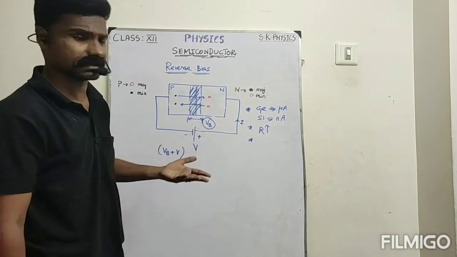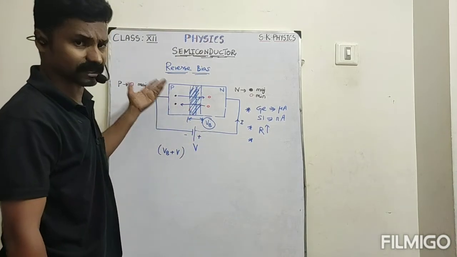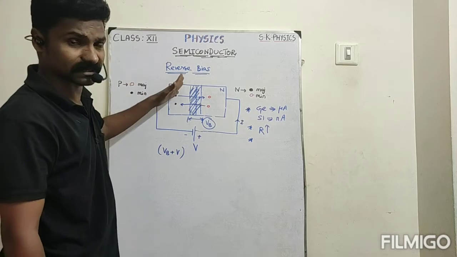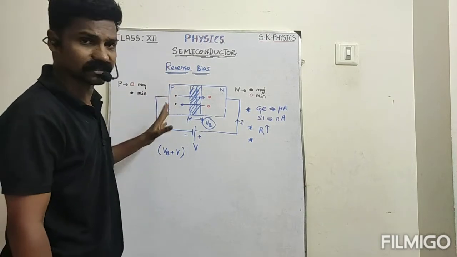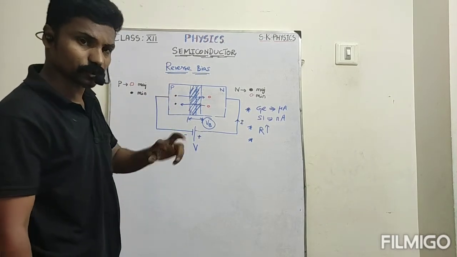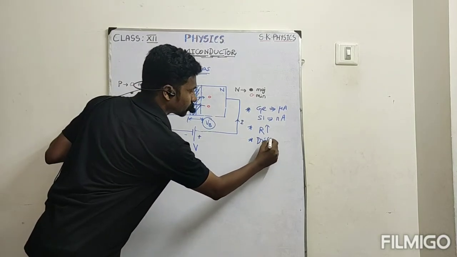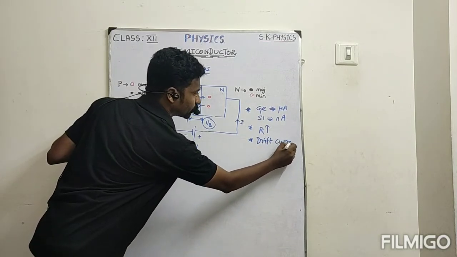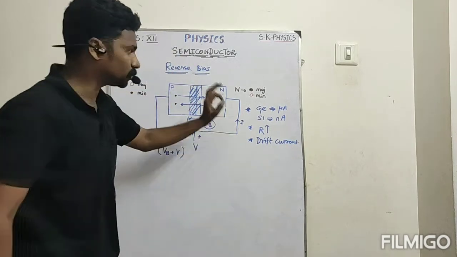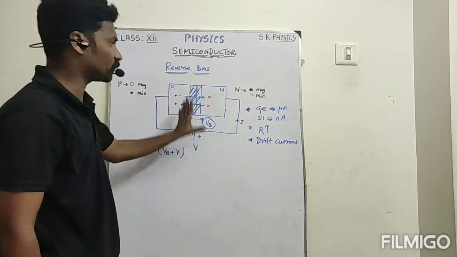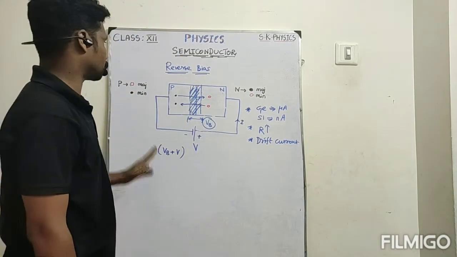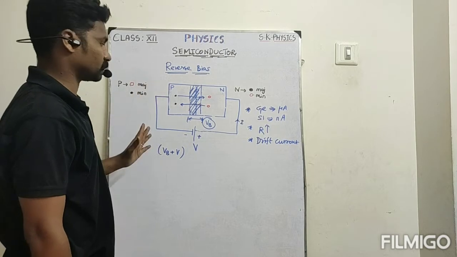If it were majority charge carriers, there would be diffusion current, but here there are no majority charge carriers, only minority charge carriers. One more term: this is drift current. So due to drift current only, the current is flowing in the circuit. Okay, right. So now you know what reverse bias is.